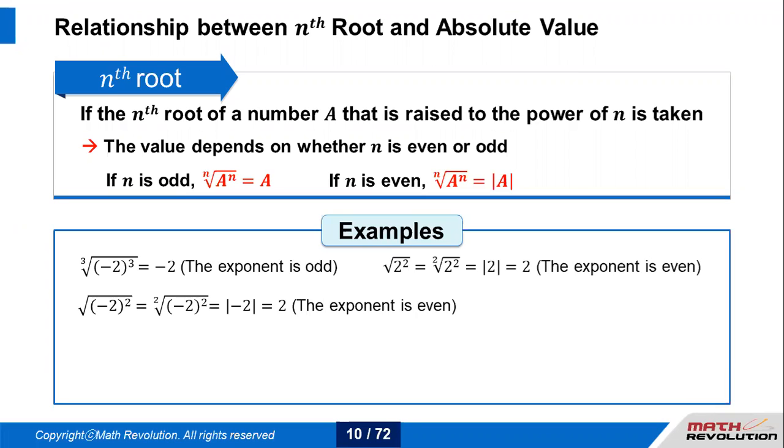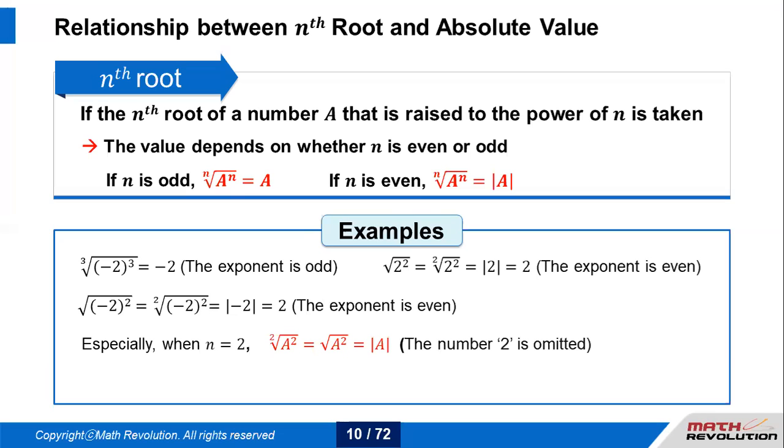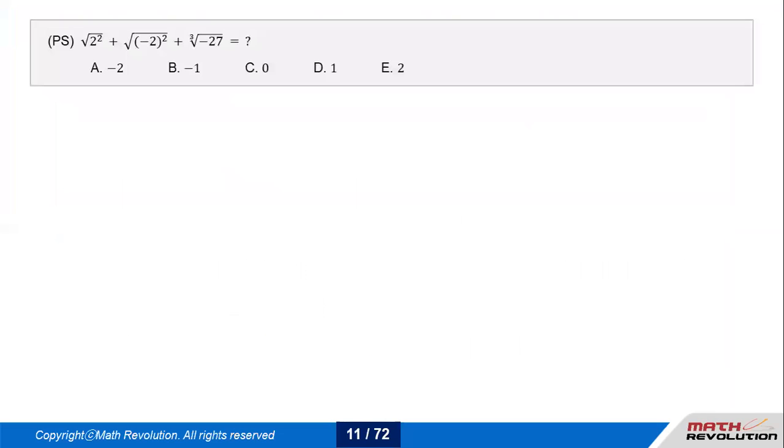But if it was 2 squared under the square root, it will give me mod of 2, which is 2. This is one of the key rules that you should always remember. Now let's see a question and how you will apply it.